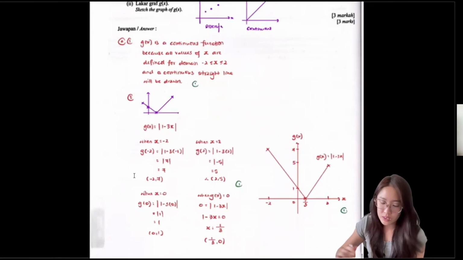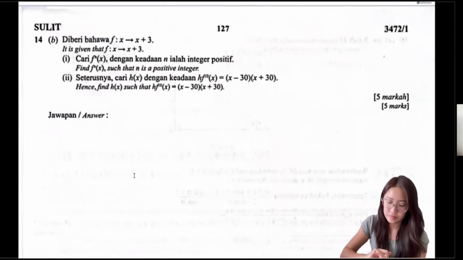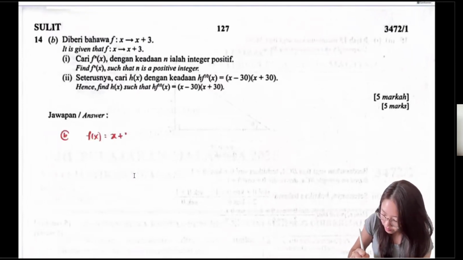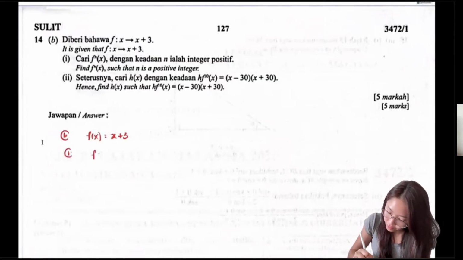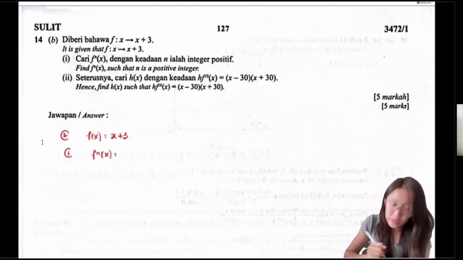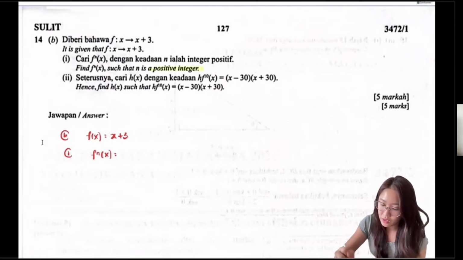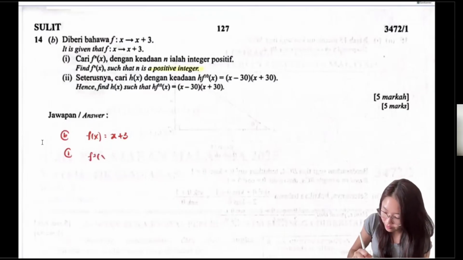Okay, and then for 14, you have question B. It is given that f(x) equals x plus 3. The first part, we need to find f to the power n. n can be any positive integer, it says. So we need to find the formula. So we need to find out the pattern first. So you find f squared.